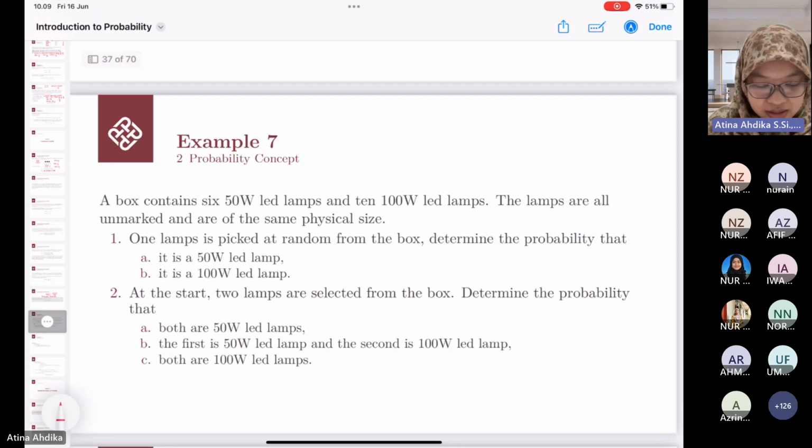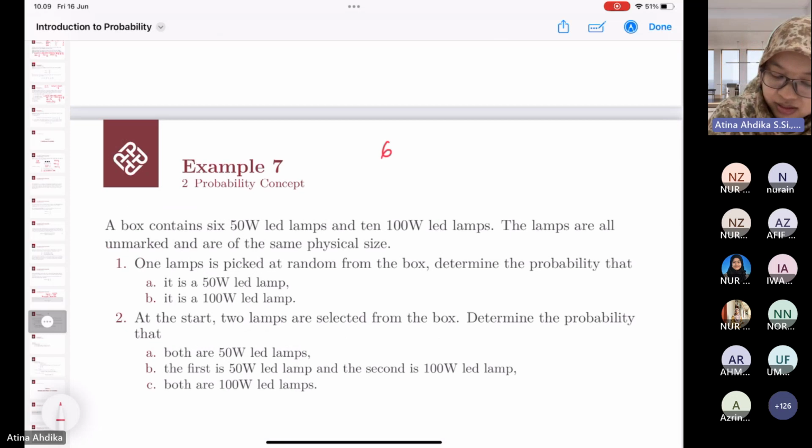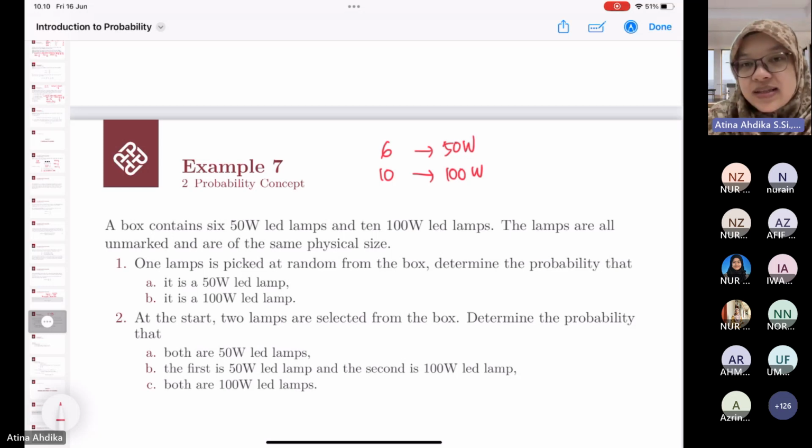And I have another example for the conditional probability. Imagine that there's a box containing 6 50-watt LED lamps and 10 100-watt LED lamps. So we have 6 for 50 watt and 10 for 100 watt. The lamps are all unmarked, so we don't know which one is 50 watt and which is 100 watt, and they are of the same physical size.